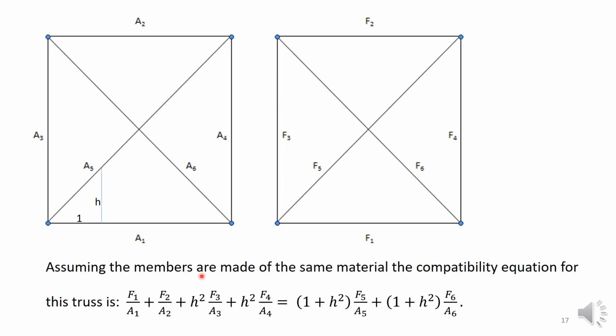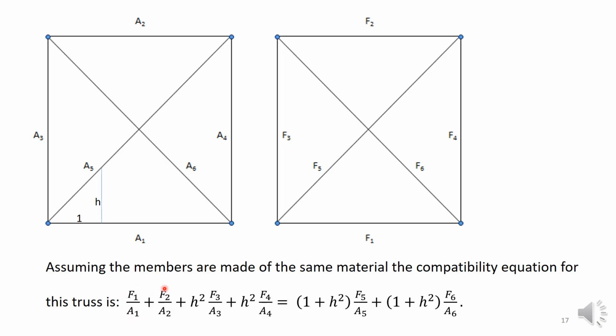Assuming the members are made of the same material, the compatibility equation for this Stroop, in fact, is F1 over A1 plus F2 over A2 plus etc. H squared F3 over A3, H squared F4 over A4, 1 plus H squared F5 over A5, etc. You can look at the form of these.